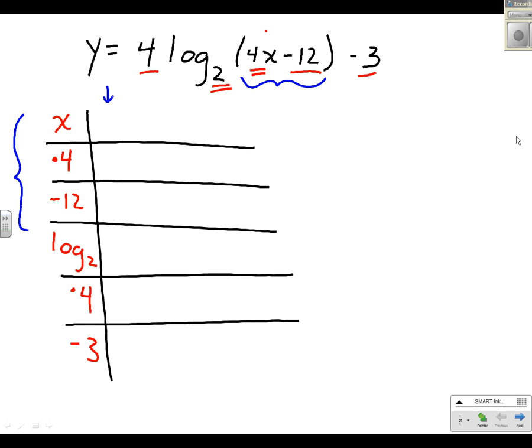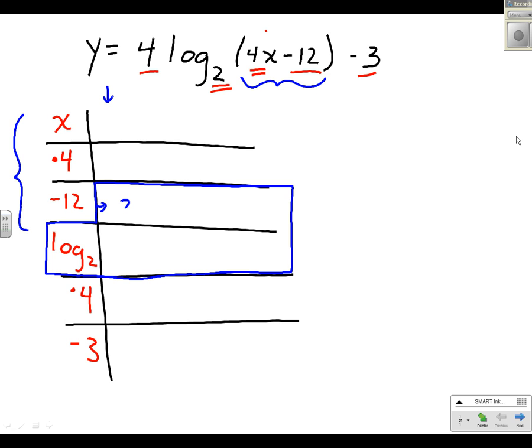So after I've chosen x, multiplied it by 4, subtracted 12, then I would like to have powers of 2. I call this section of the chart the bus, for obvious reasons. Got a little bus look. Once I get to this portion right here, I have now chosen x, multiplied by 4, and subtracted 12. I want powers of 2 in the windows of the bus.